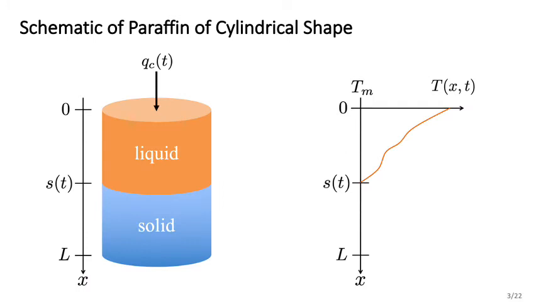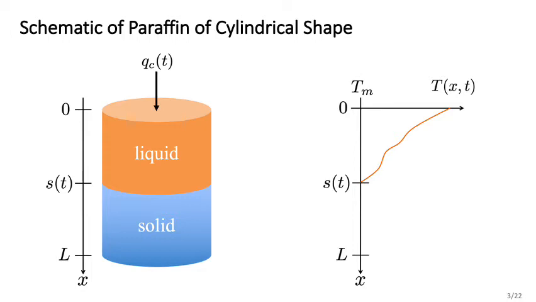We consider a cylindrical shape of paraffin, which is completely occupied by the liquid phase on the top region and the solid phase on the bottom region. For simplicity, we assume that the temperature profile and the interface position between liquid and solid phases are uniformly distributed over a cross-sectional area of the cylinder, which enables us to approximate the physical model in one-dimensional coordinate in the vertical axis.